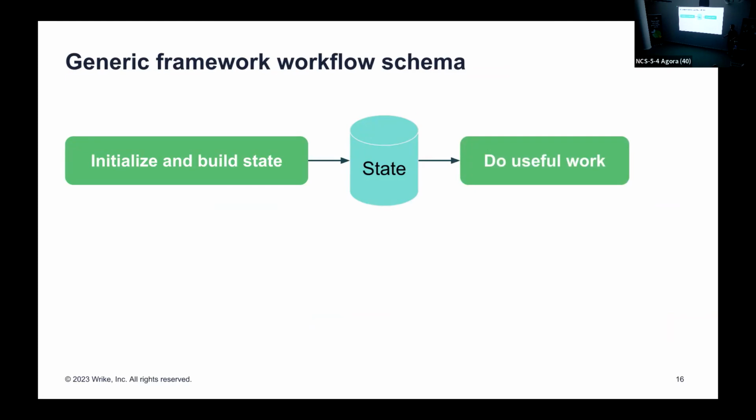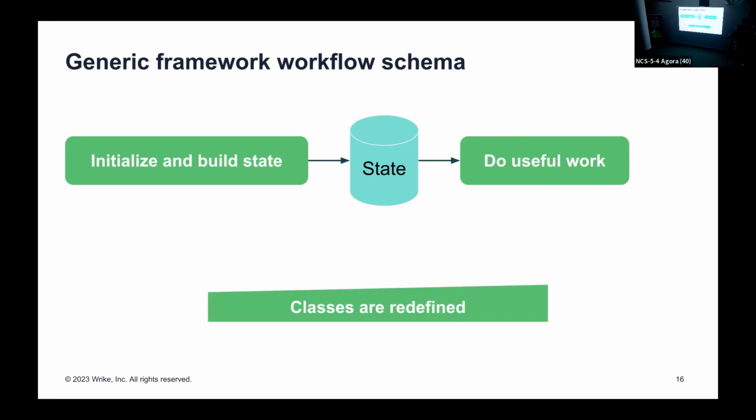That's why we are using this framework in the first place. Then the developer comes and asks for some classes to be redefined. And the question here is, how will we update the state? We may want to do so because the state may depend on the classes which were redefined. So after the redefinition, the state is kind of invalid now.